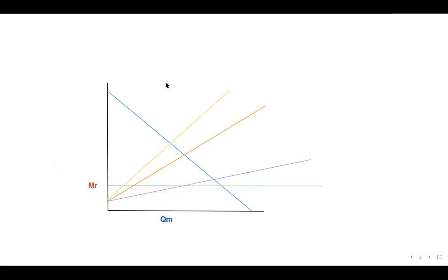And then, based on this, I'm going to have a joint level of cartel output.